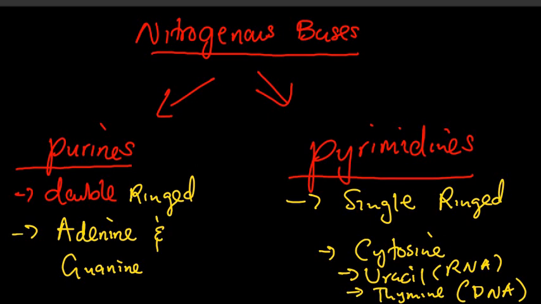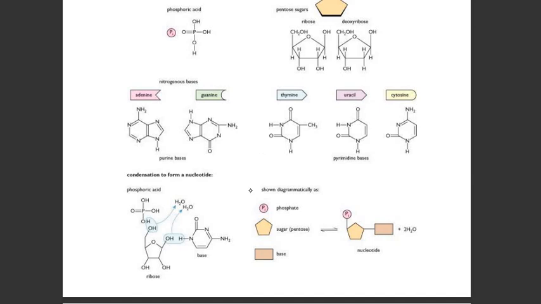Yeah, so in case this is confusing, we're saying the structures. Why do we call these guys double ringed? Because of how they look like. And if you look at the following structures, it will help us understand. So we're saying we have these 5 bases, right? We have adenine, guanine, thymine, uracil, and cytosine.